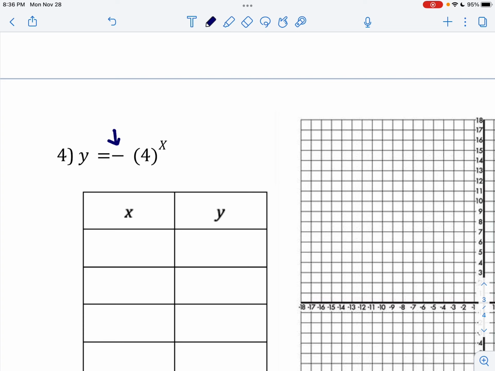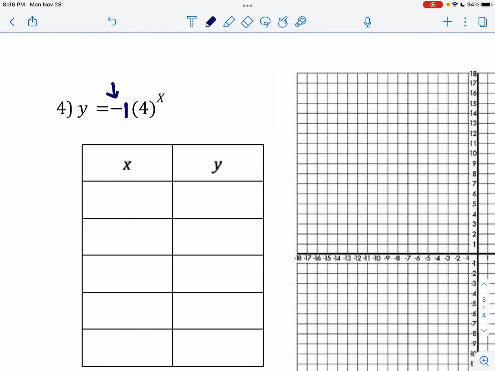So if we look at the first one, we can assume that this is -1 inside of there because it's just a -1. So our growth factor is still greater than 1, so this is going to be exponential growth. -2, oops, -1, 0, 1, and 2, we're still going to be using those. -1 times 4 to the -2, which means we're going to flip it.